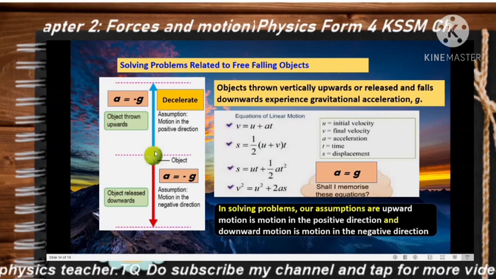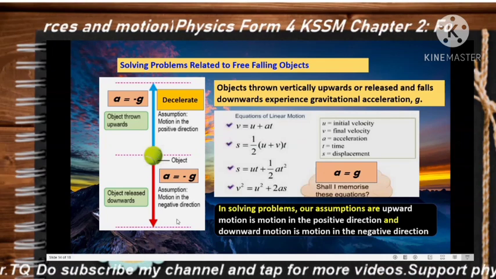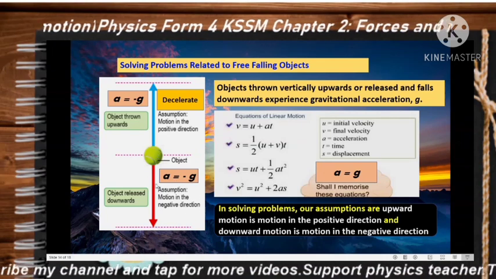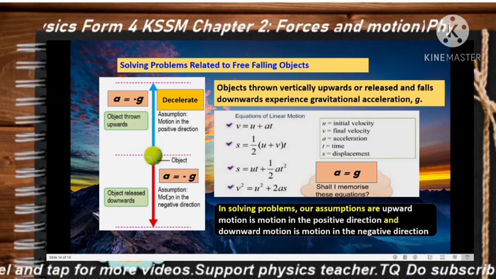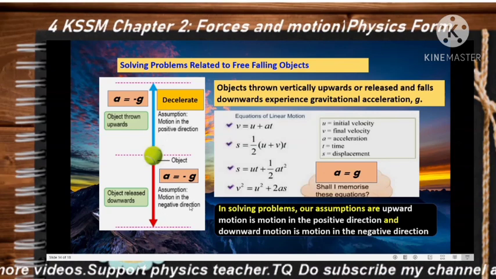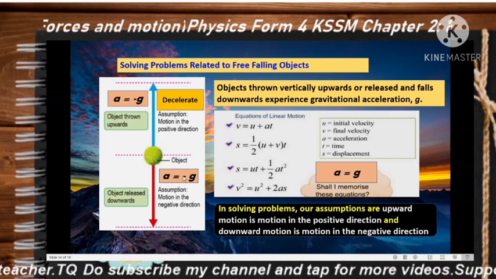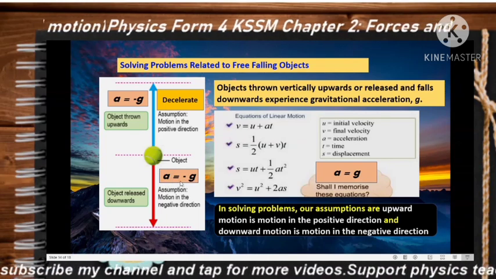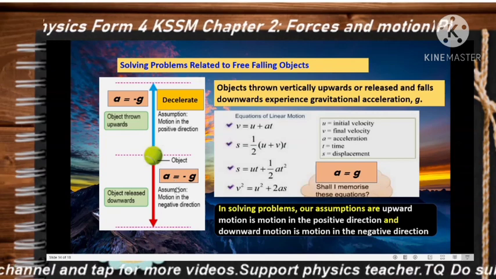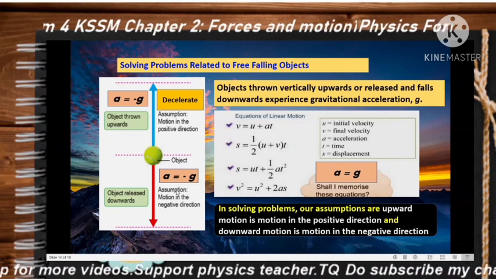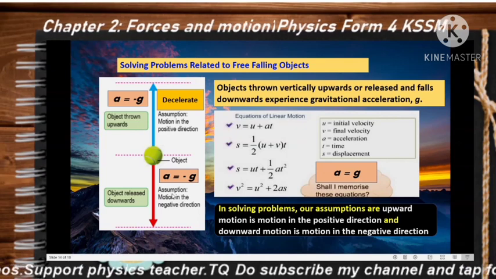For the object that is thrown downwards, this is against the direction that we assume as positive. So this is the negative direction. That's the reason we take it as a negative value here, or we can say accelerate in the opposite direction or accelerate in the negative direction.